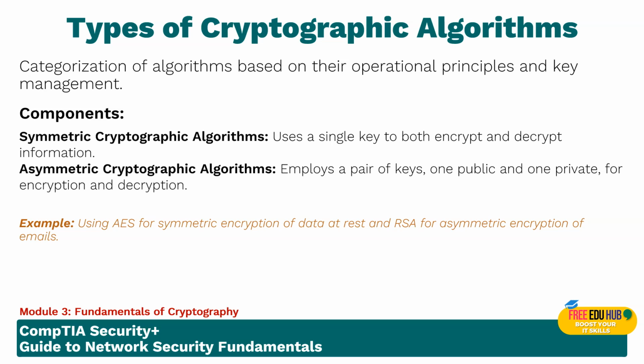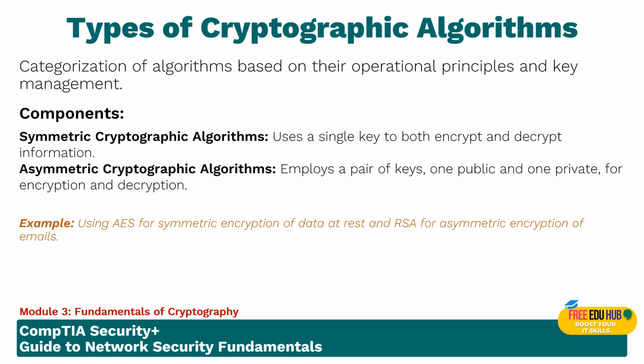A symmetric cryptographic algorithm uses a single key for both encrypting and decrypting the information. Since it uses the same key to encrypt and decrypt, it's also called private key cryptography, because the key is kept private between the sender and receiver, and if the key is compromised, your information would be compromised.